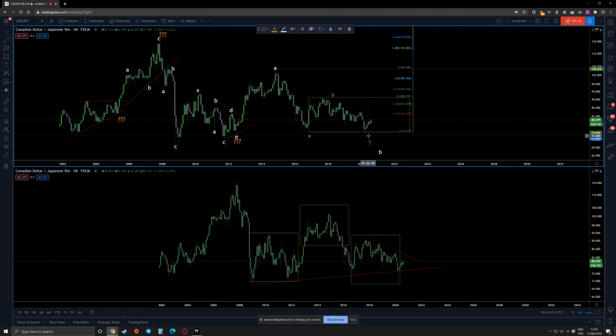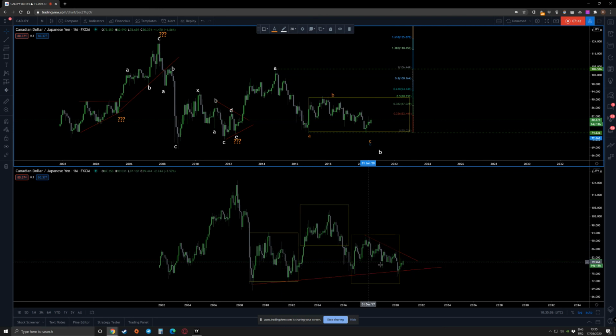On the other hand, of course, there are three different types of zigzags. The first is called a truncated zigzag. On a truncated zigzag, the length of the C wave is less than 61.8% of wave A. Whenever this B wave is done, I would like to measure the length of the C wave.